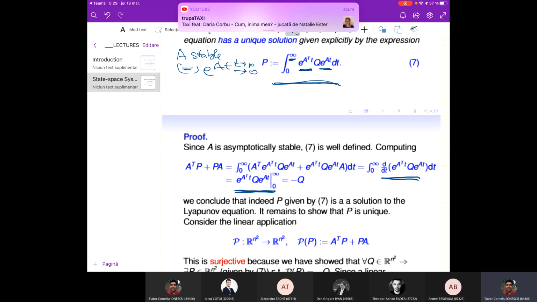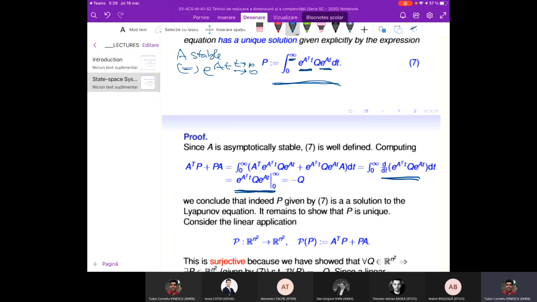Now, this is e to the power A transpose t, Q, e^{At} at infinity. How is this at infinity? What is the value at infinity of this function? A is asymptotically stable.